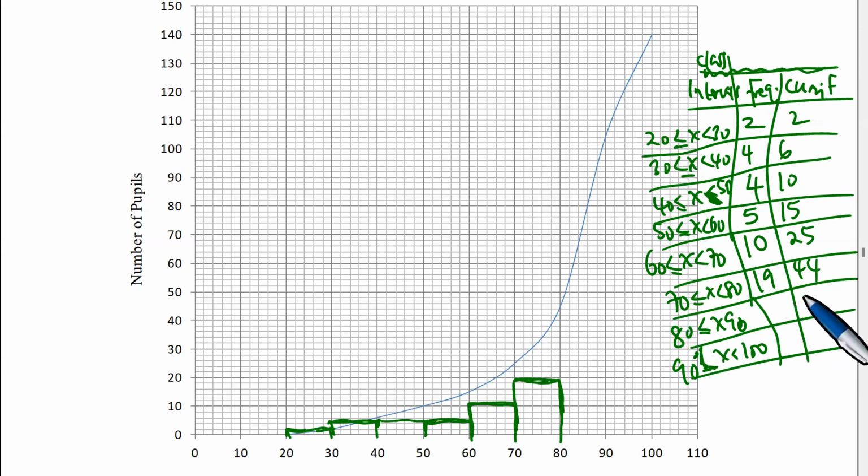That is about 104. The cumulative is about 104, 103 approximately. Okay, these are approximate values. You are allowed to approximate because these are not very accurate.